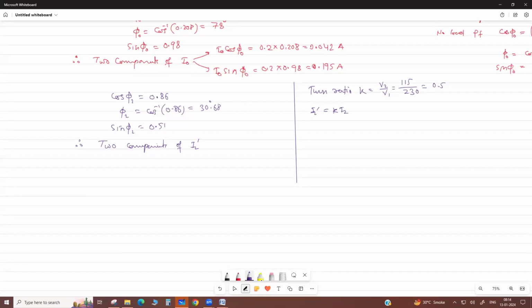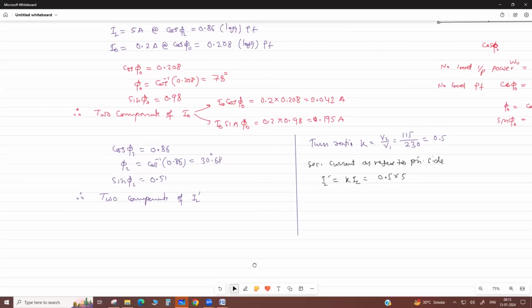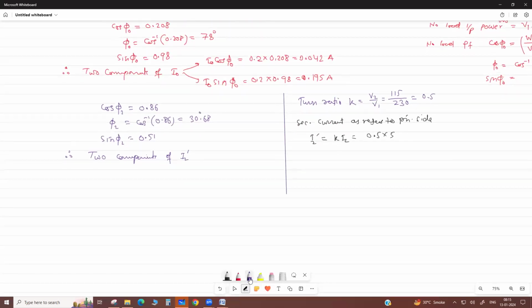What is this? This is the secondary load current as referred to the primary side. I2 dash equals K I2. It is 0.5 into what is the current? 5 ampere, that is I2.